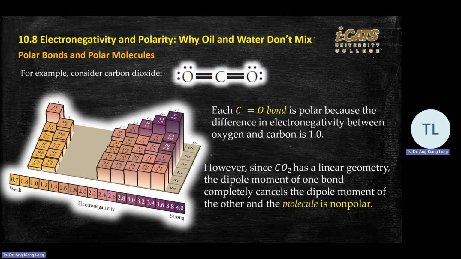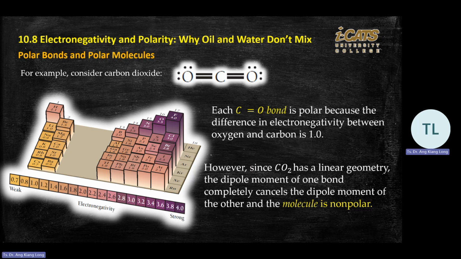If you check the table previously in question 63, you have a linear geometry. The dipole moment of one bond completely cancels the dipole moment of another one, so the molecule is called non-polar, meaning we look at the net result at the molecular level.